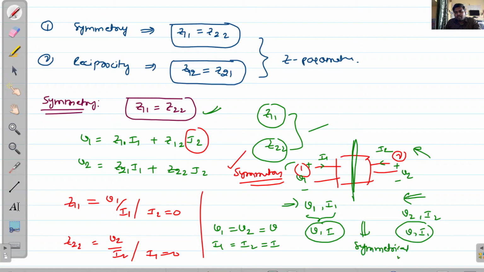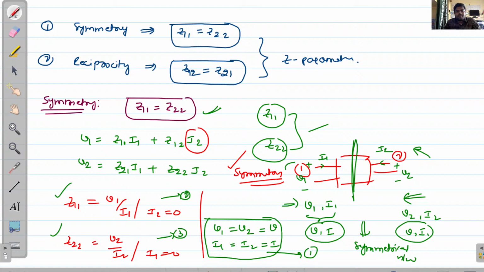From this expression, which is equation number 1, you can substitute the V1, V2 values and I1, I2 values into these expressions. This is the second expression and this one is the third expression.